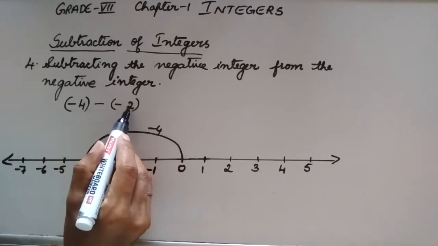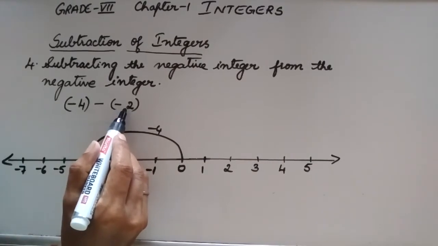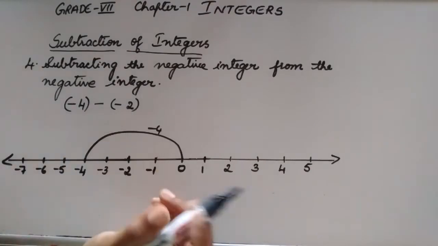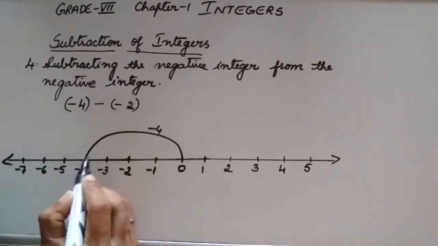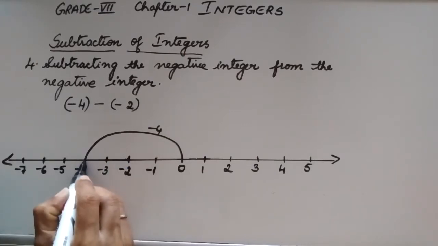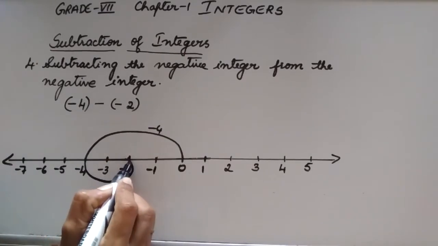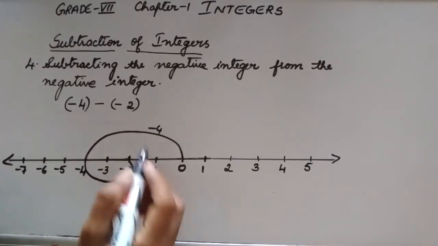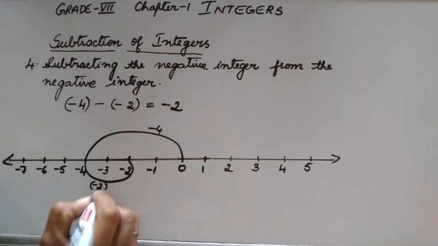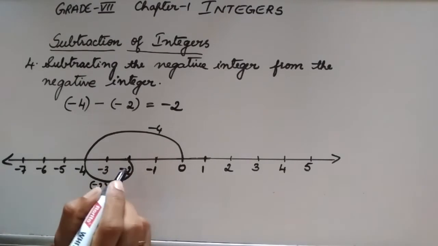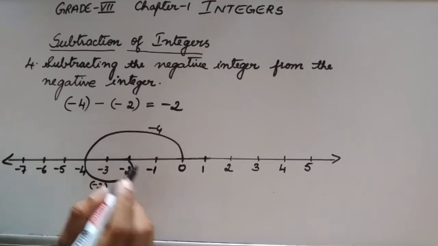Now since we are subtracting a negative number, we need to move to the right. So by how many steps? 2 steps. 1, 2. So I reached here, that is minus 2. So the answer is minus 2.